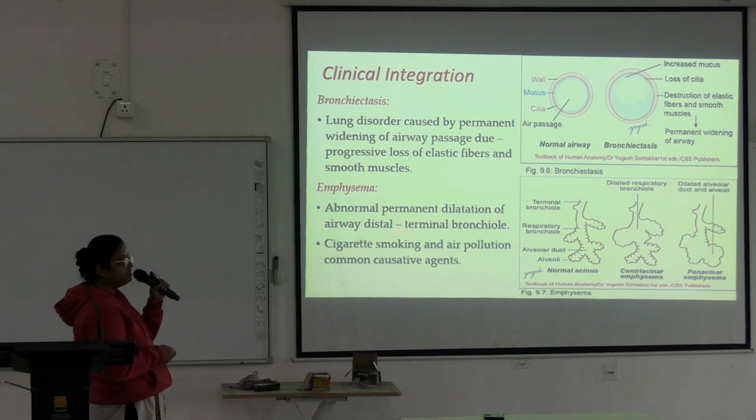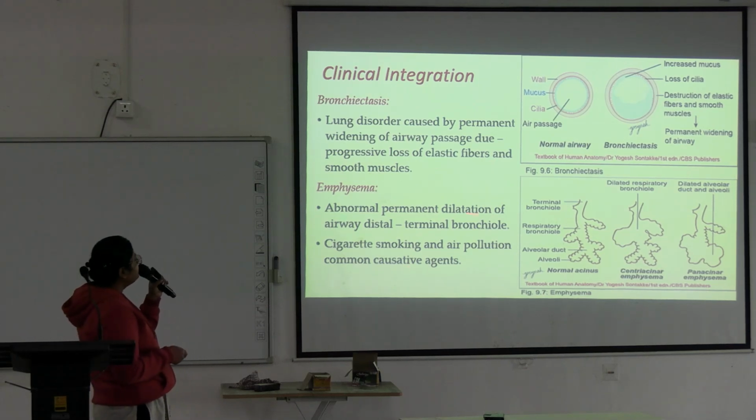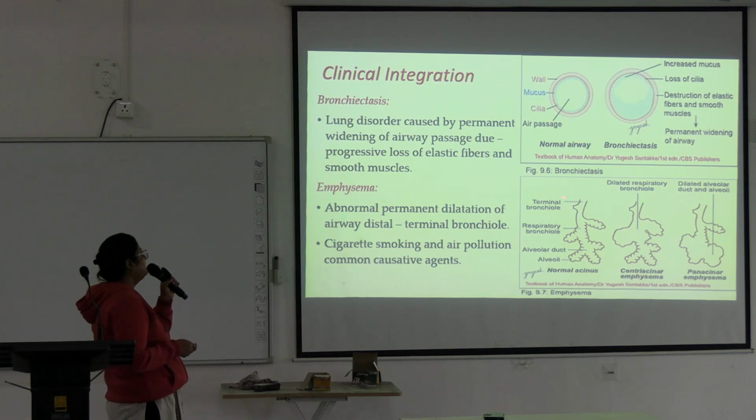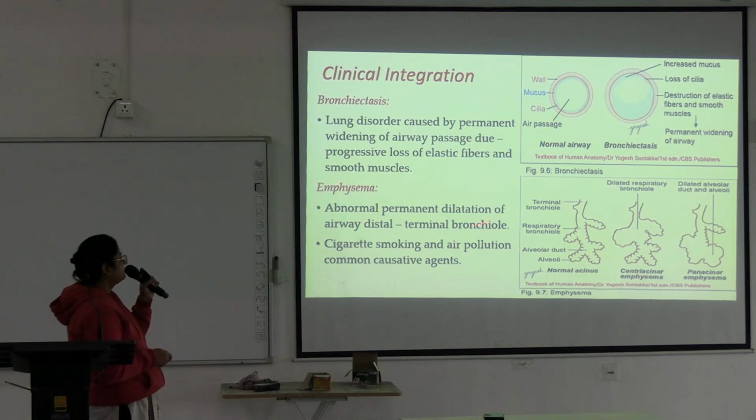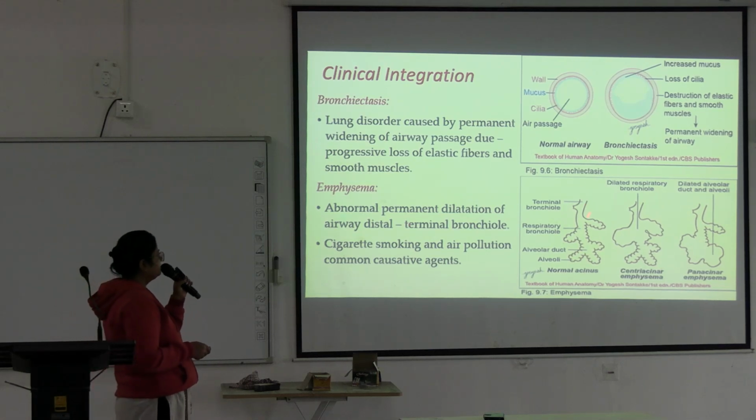Next is emphysema. Emphysema is abnormal permanent dilatation of the airway of the distal part, that is, distal to the terminal bronchiole. See here, this is the terminal bronchiole, and this is the dilated respiratory bronchiole occurring in centri-acinar emphysema, and in pan-acinar emphysema all the distal part is dilated.